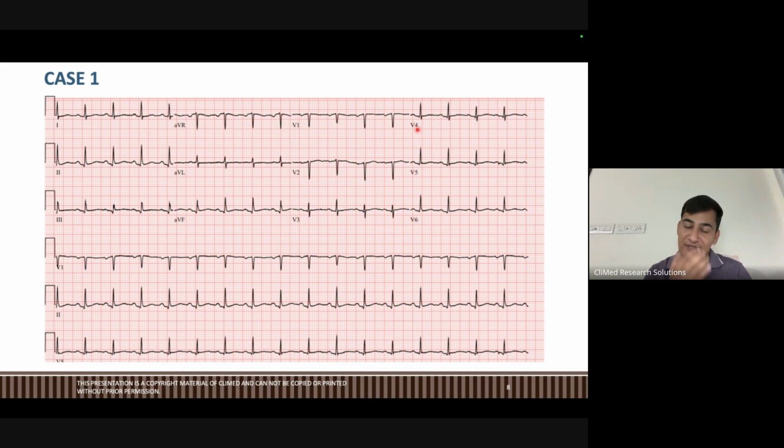So what does case one tell? Tell me guys, what does this ECG show? You will be surprised what this ECG is exactly. Yes, people, tell me fast.